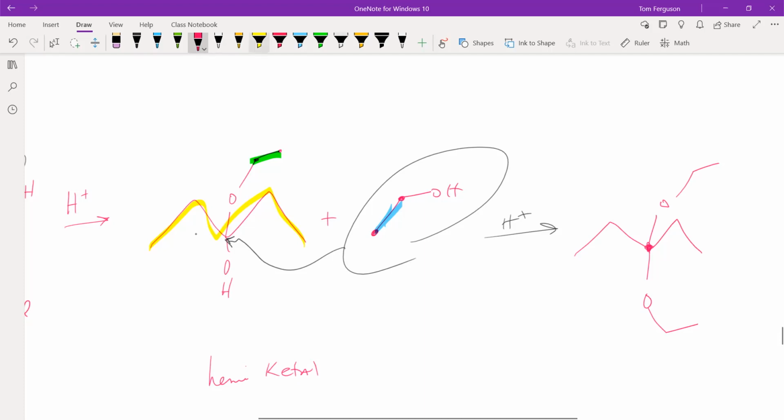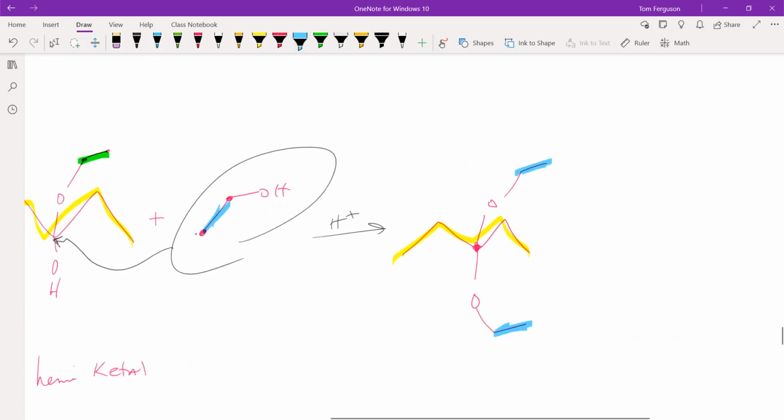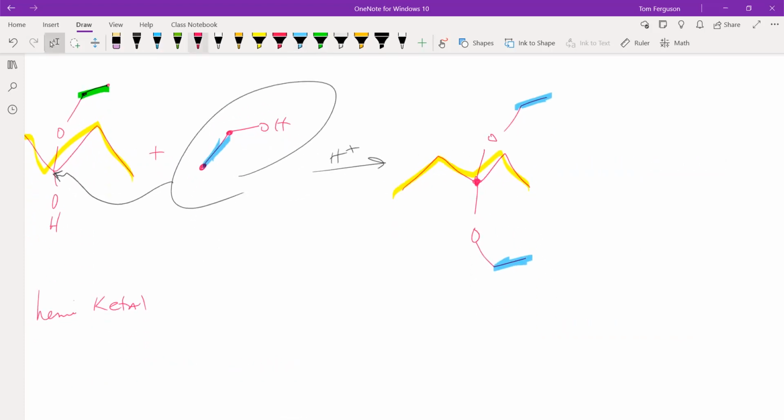So we have our backbone. Now two alcohols. So it's 1, 2, 3, 4, 5. So it's going to be a pentane backbone. On carbon 3, there's going to be an epoxy.